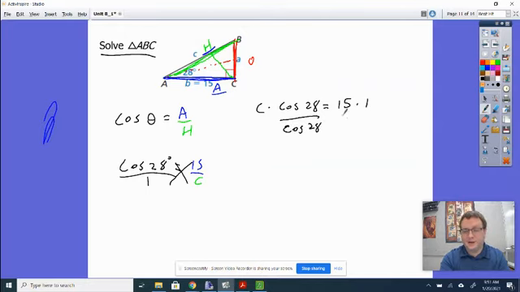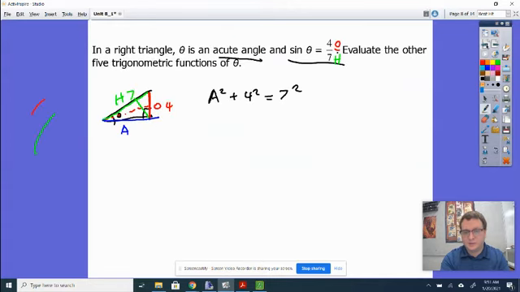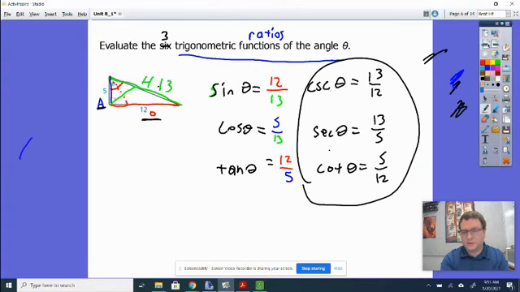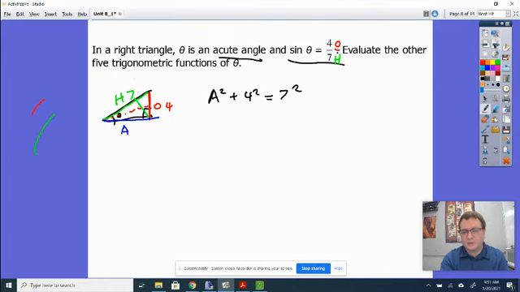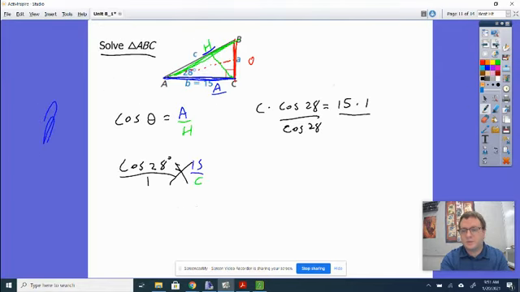Now a common mistake I see here is students go, oh, I can just divide by. Well, I need to be careful when I say divide by, because when I divide by, I deleted those. If I'm looking for the angle, I always want to use that inverse. If I'm looking for a side, I want to divide. But I'm dividing by the whole thing, not just cosine. You can never divide by just cosine.